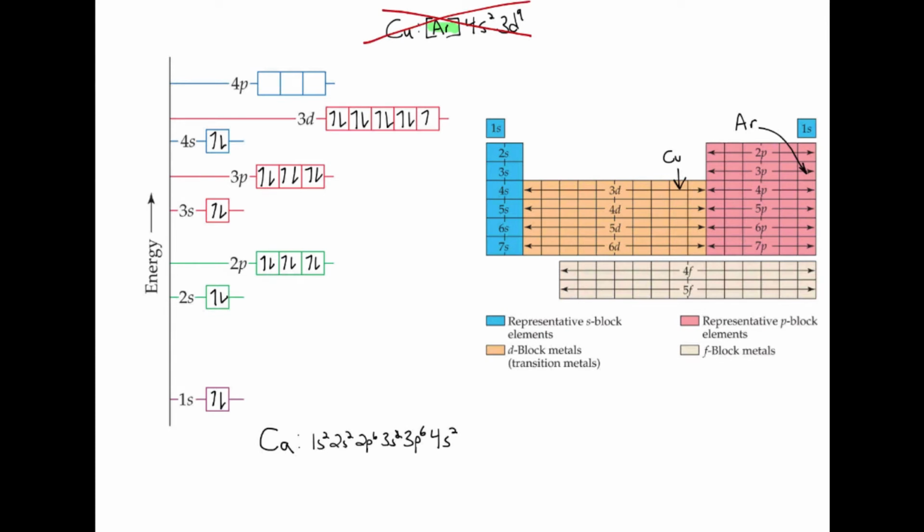Well, the first way that I would attempt to explain this to you is I would want you to remember that the energetic positions of all of these orbitals are, of course, always fluctuating. Every time I add a new electron to this diagram, all of the orbitals' energies are modified somewhat. They all adjust.